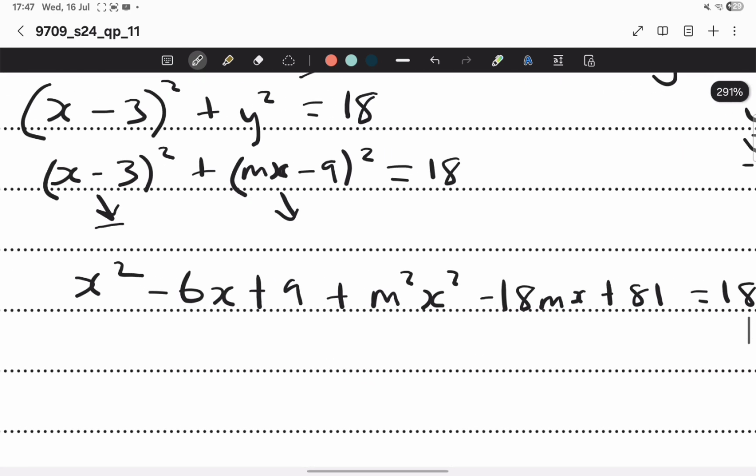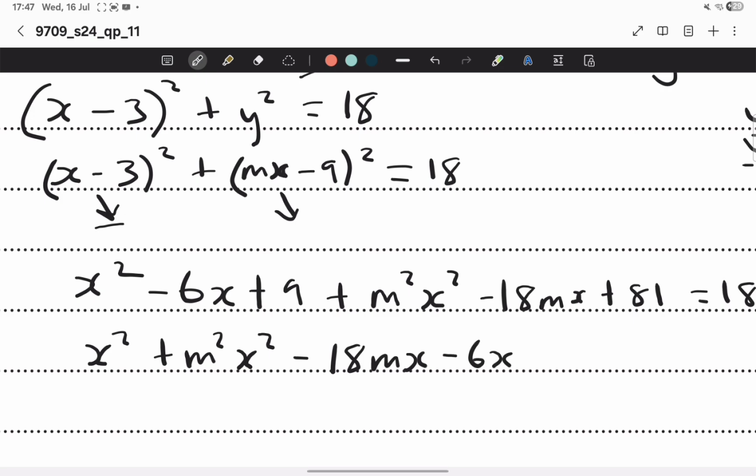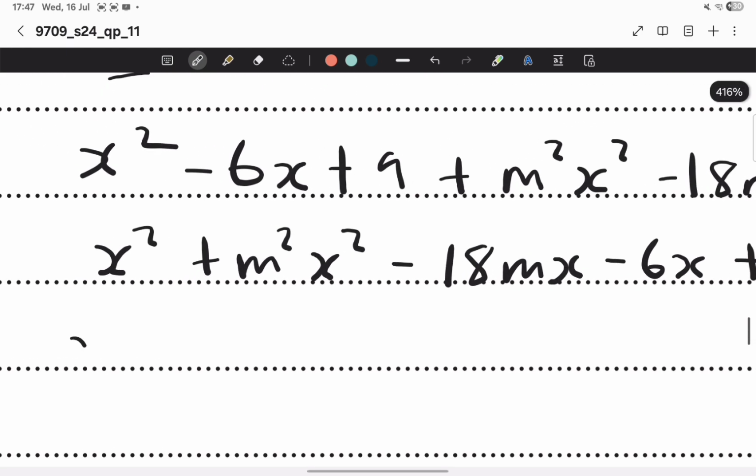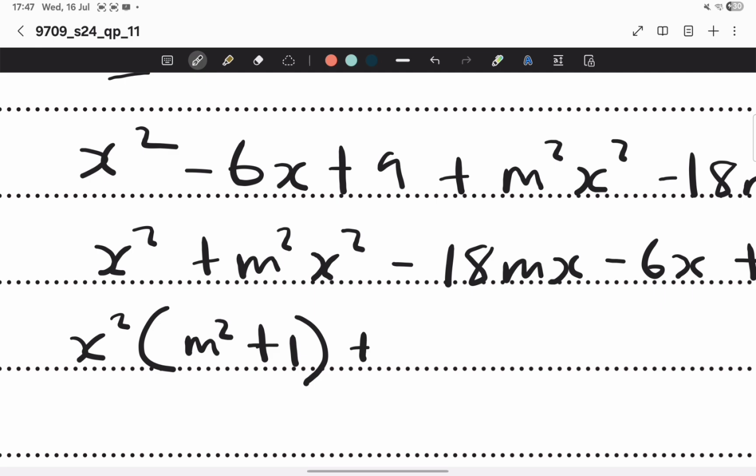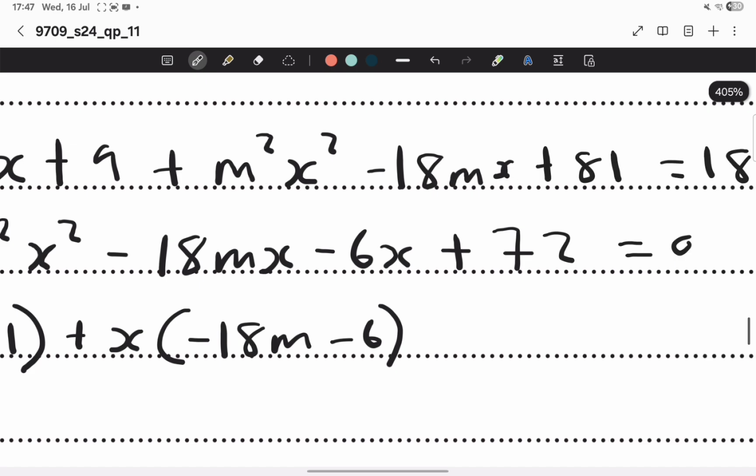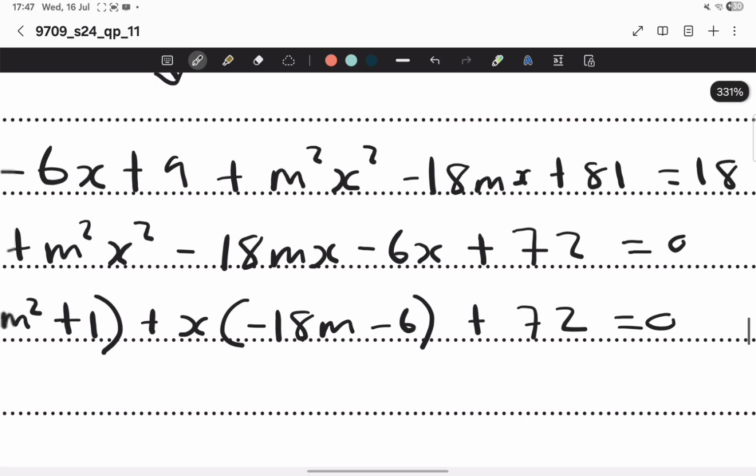So we collect like terms. That will be x² + m²x², then −18mx − 6x, plus 9 + 81, that's 90, minus 18 to give us 72, equals 0. Then we factor out x², so that will be (m² + 1), and factor out x, that will be (−18m − 6), plus 72 equals 0.